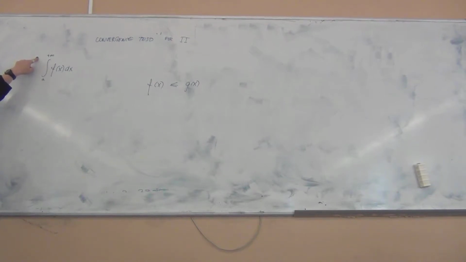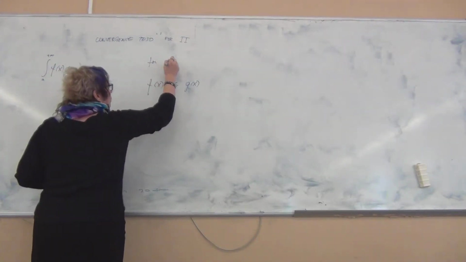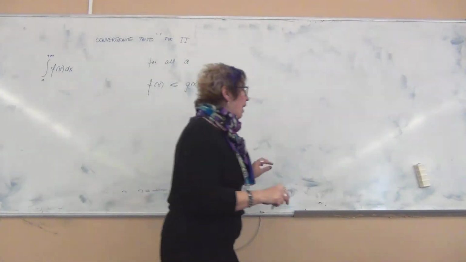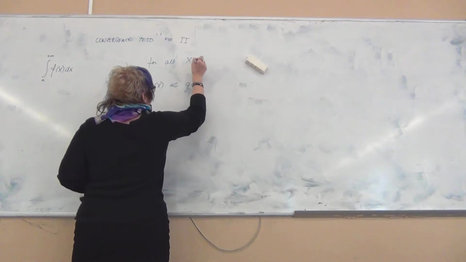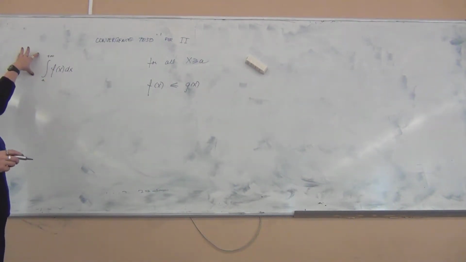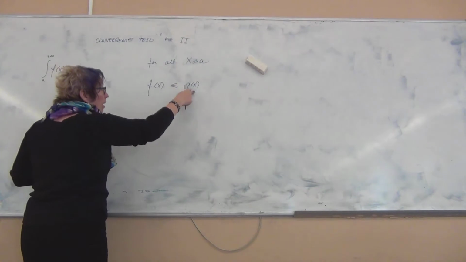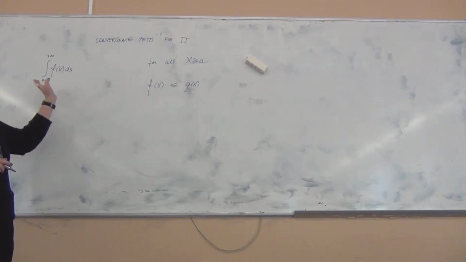So from a to positive infinity, for all x values greater than a, for all values that actually apply to this integral, we have another function which is greater than or equal to the function f of x.